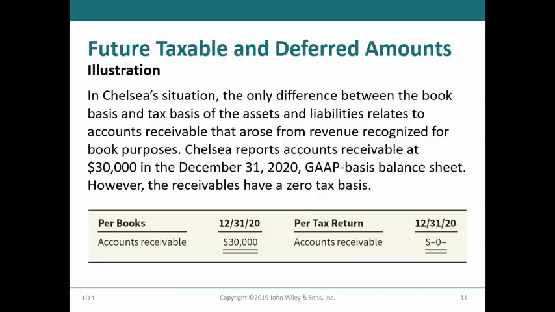The tax code requires that revenues be reported when the actual cash is collected. This is where the timing differences occur. We are required per GAAP to make these accruals in 2020, but the revenue will not be reported on the tax return until 2021 and 2022 when the actual cash is collected.